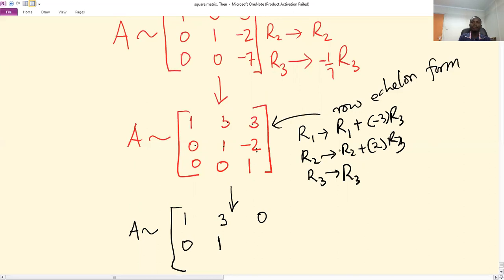Minus 2 plus 2 times 1 is 0. This is 0, 0, 1. So that's what we have.